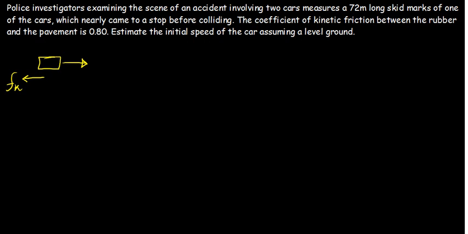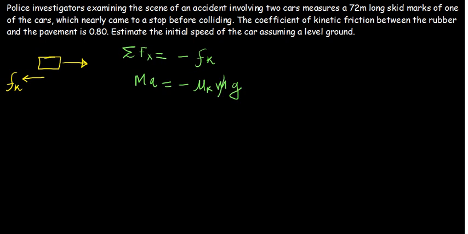So if you find the net force on this object, net force in the x direction, you look at any forward force, you don't have any forward force, that is 0, minus any backward force, you've got kinetic friction. Now you know that net force is mass multiplied by acceleration. Kinetic friction is coefficient of kinetic friction times normal force, and on level ground normal force is mass times gravity.